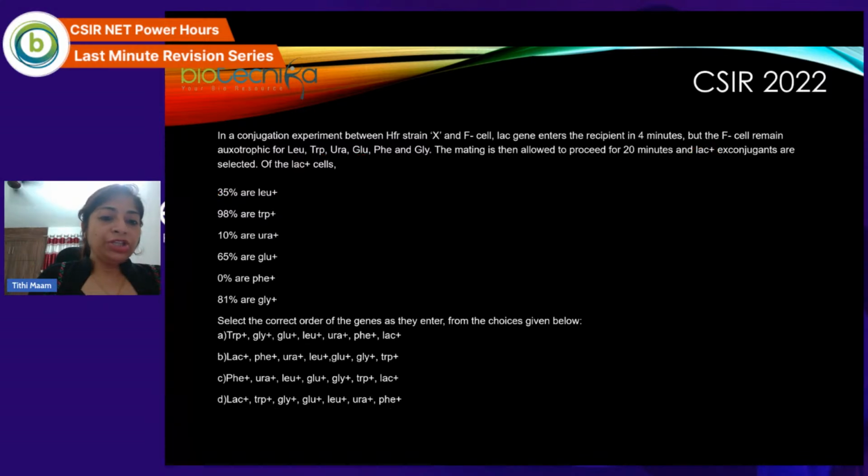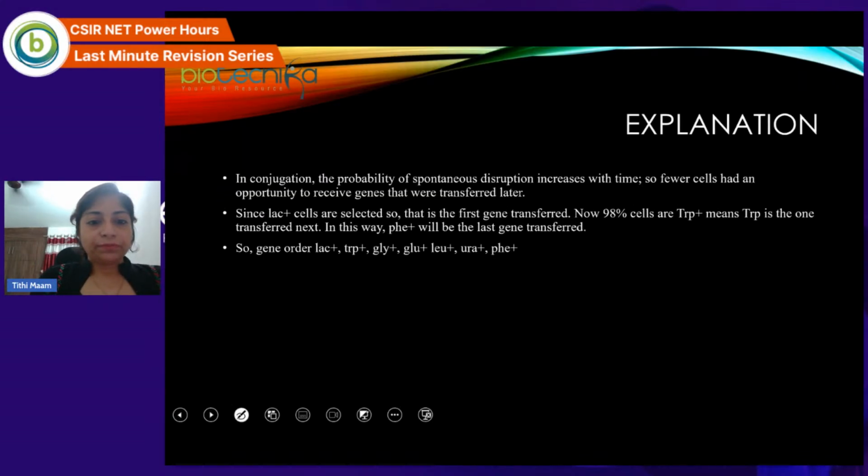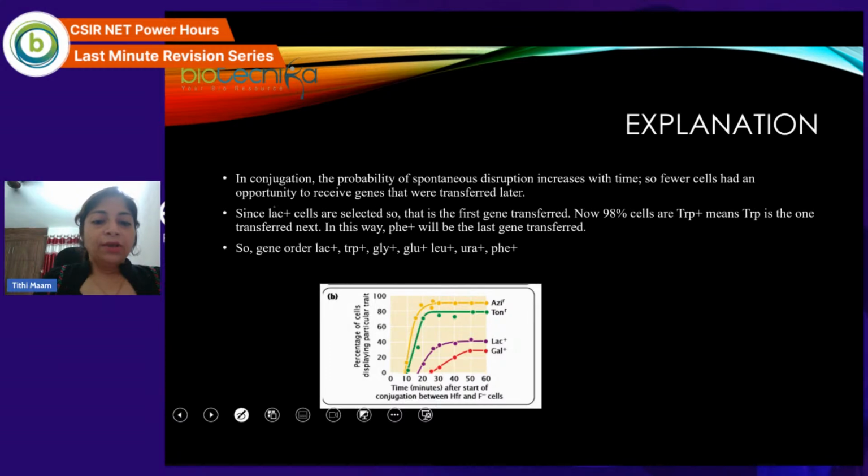So in the conjugation experiment, what happens is that physical contact is very, very important between the donor and the recipient. If the physical contact breaks, then the transfer will stop. So how many genes are passed will depend on how long the physical contact was maintained.